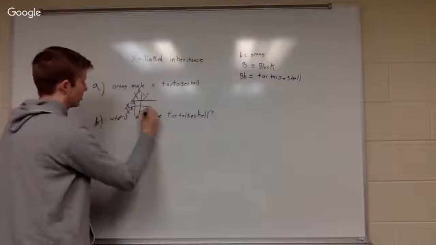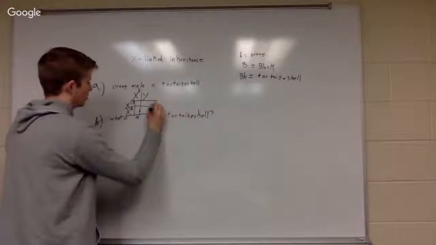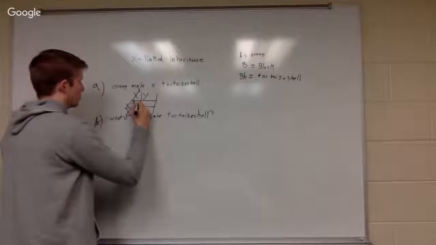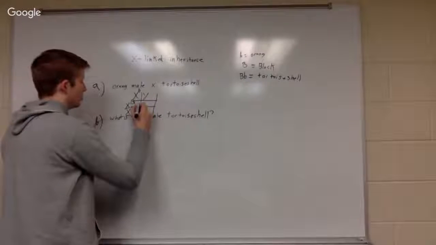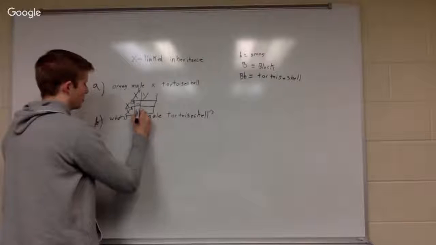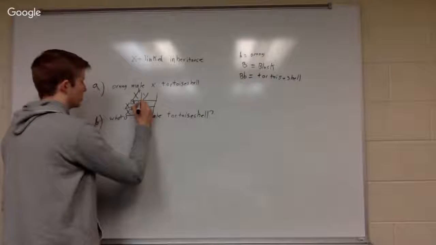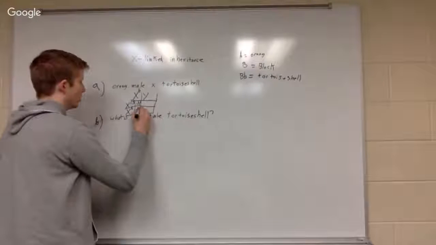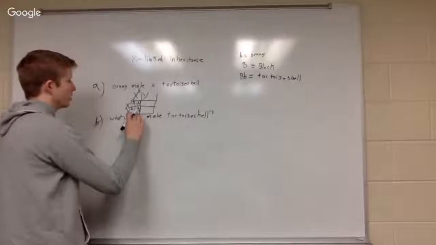We get 2 females. One is going to be tortoiseshell, and the other one is going to be orange in color.